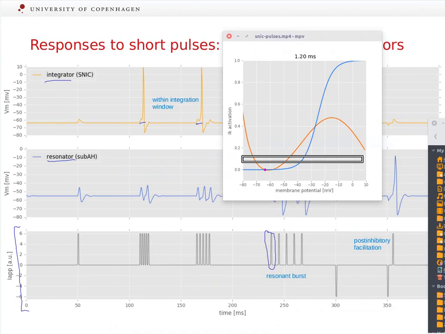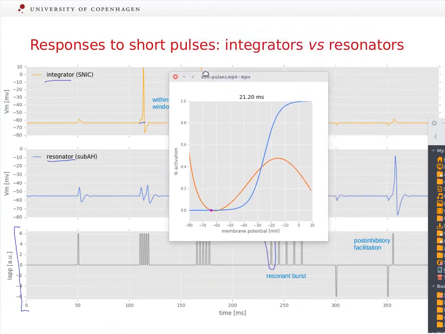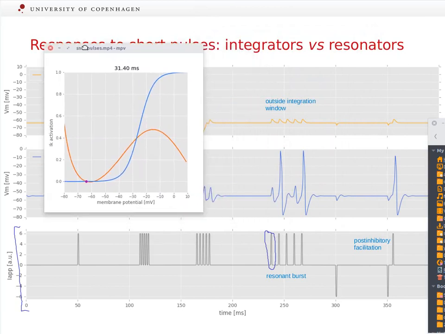So this is the movie, and what we see is a single depolarizing pulse. Now this time we'll get a batch of pulses and a spike. So yes, here we go. We actually allowed the neuron to spike.